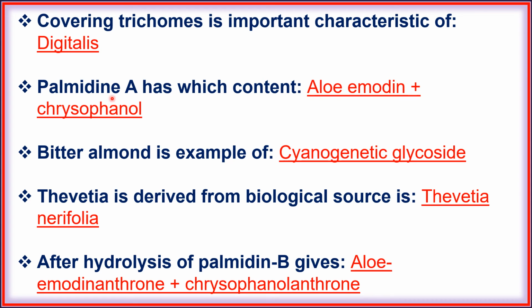Next, Barbaloin has which content, that is aloe-emodin plus chrysophanol. Next, bitter almond is example of cyanogenetic glycoside.